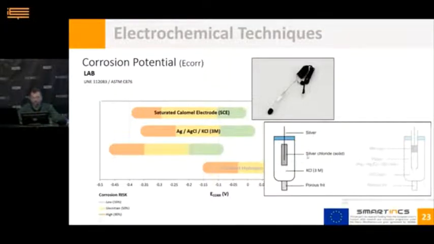It consists of a silver wire embedded in a chloride paste being immersed in a potassium chloride solution, okay, and that maintains a stable known potential. This is the principle of any reference electrode. All this is inside a glass pod with a porous ceramic membrane at the measurement end.